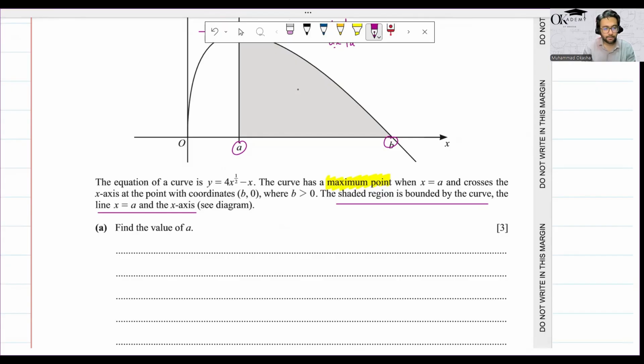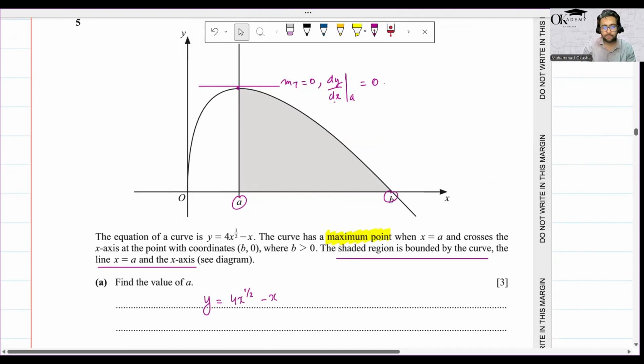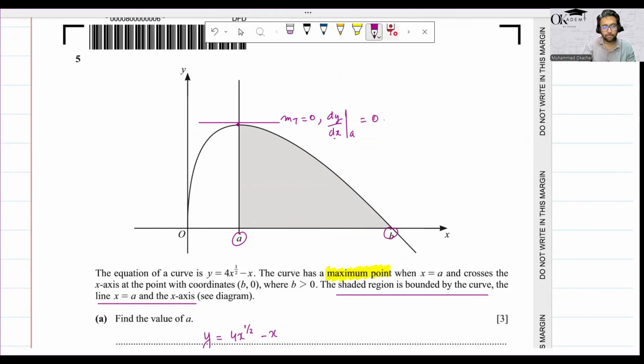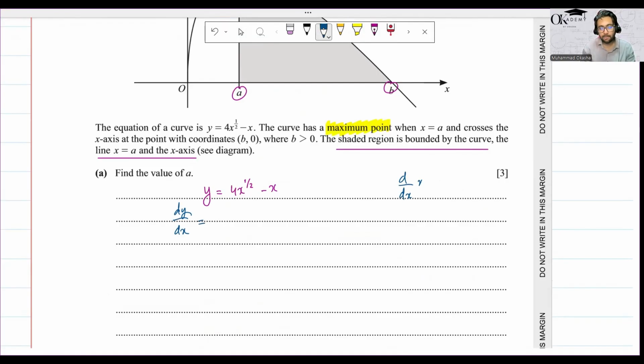We know the function is y equals 4x to the power of half minus x, right? I'll take the derivative of the function, because we just saw that the gradient of the tangent is 0 at this point, right? So I'll differentiate the function, and dy by dx is going to be, I hope you remember differentiation of direct powers of x, n x to the power n minus 1.